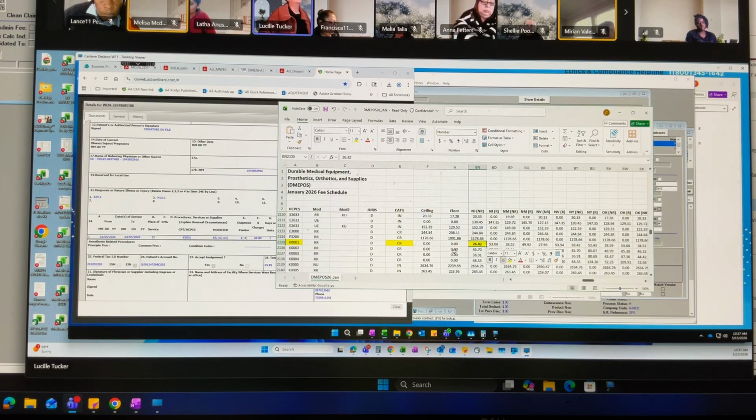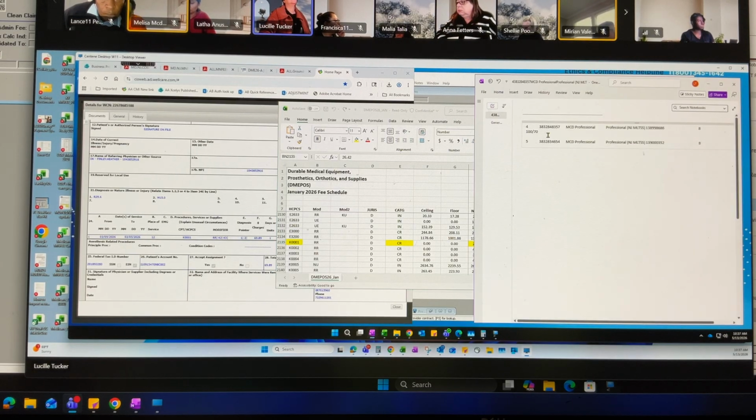Okay, so my New Jersey non-rural pricing, my base rate is $26.42. Okay.